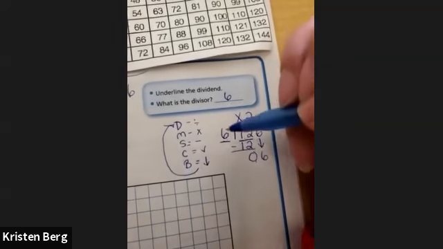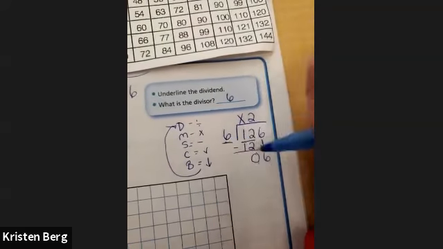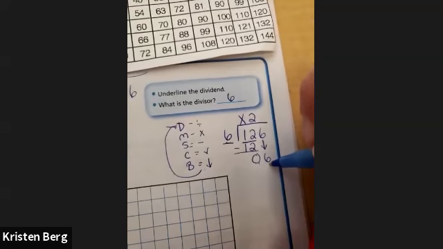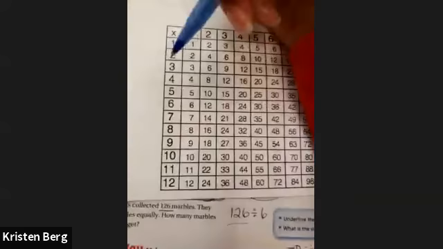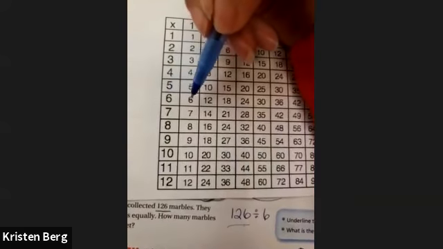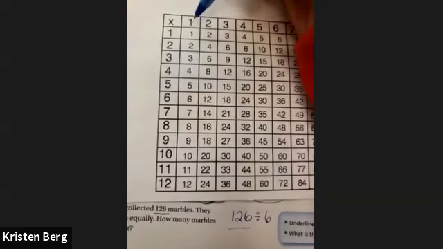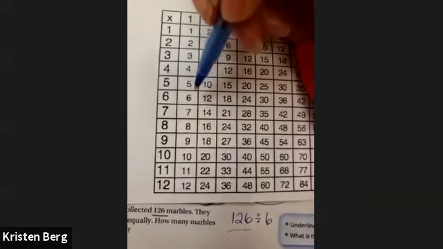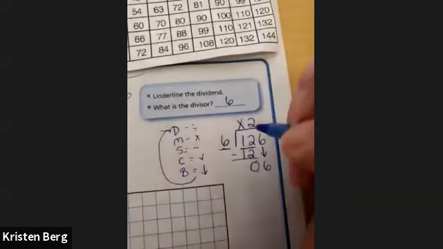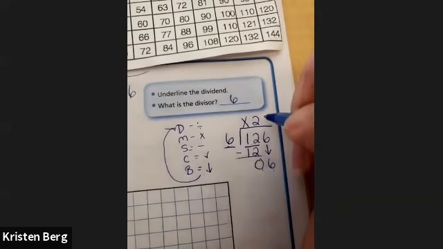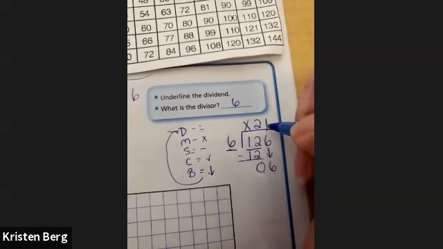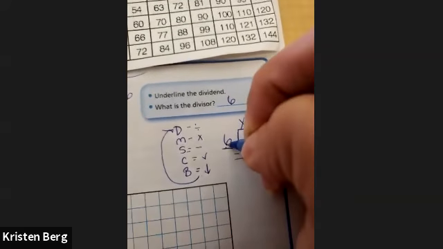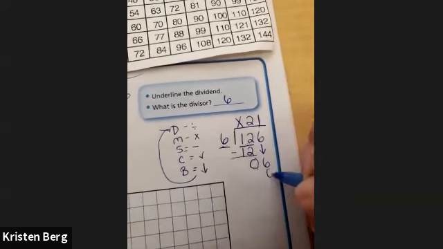Now, how many 6s can go into 6 evenly without going over 6? Going by 6s, how many times can 6 go into 6? It can go in 1 time. So you put the 1 up above here, and then you multiply again, but now it's 1 times 6, which is 6.